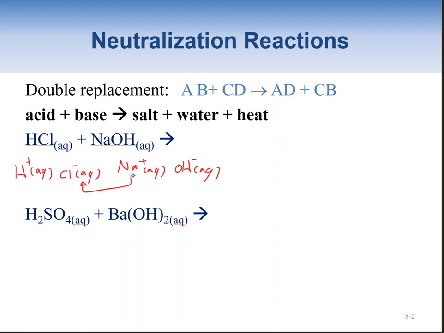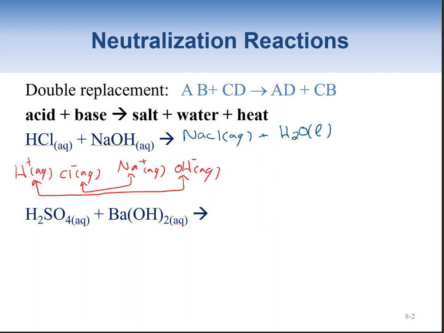So sodium ion is going to combine with the chloride ion, and hydroxide ion is going to combine with the hydrogen ion. So the products are going to be sodium chloride, which is soluble in water, and H2O liquid. And the reaction is balanced.